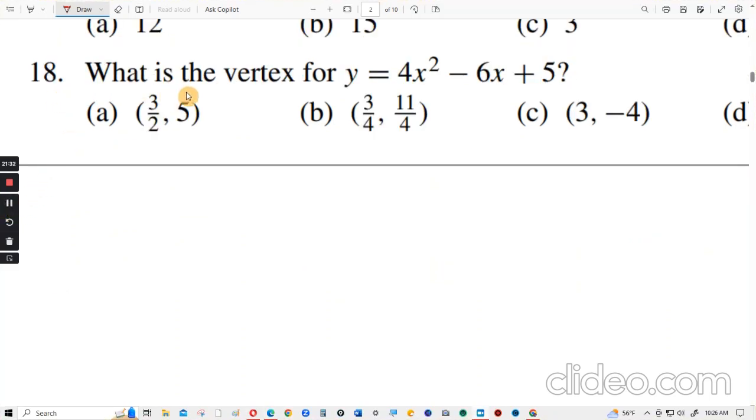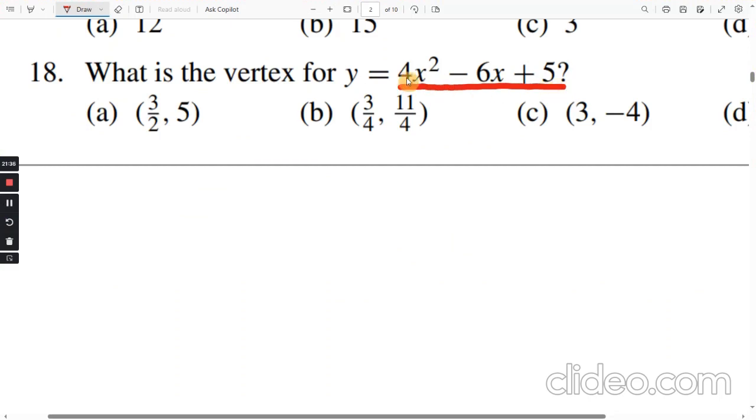Number 18, what is the vertex for this equation here? I can see this equation is in standard form, in the form of y equals ax squared plus bx plus c. So I'm going to match it up.